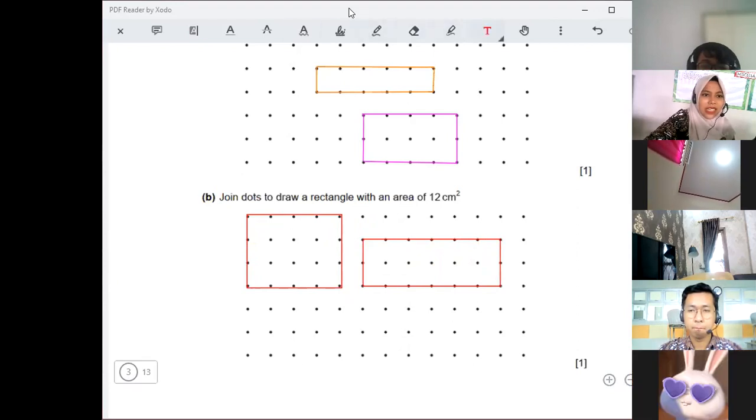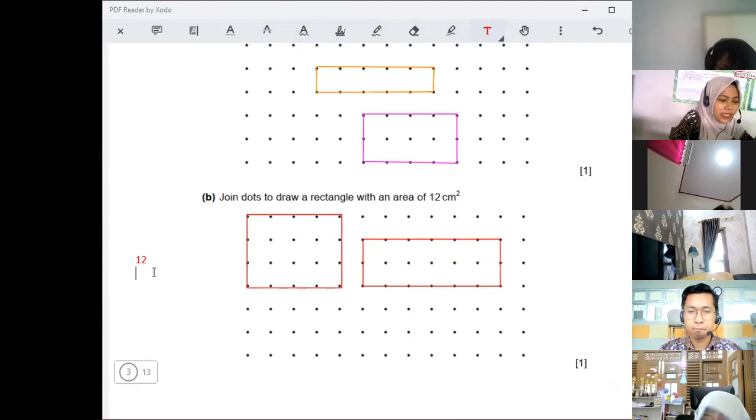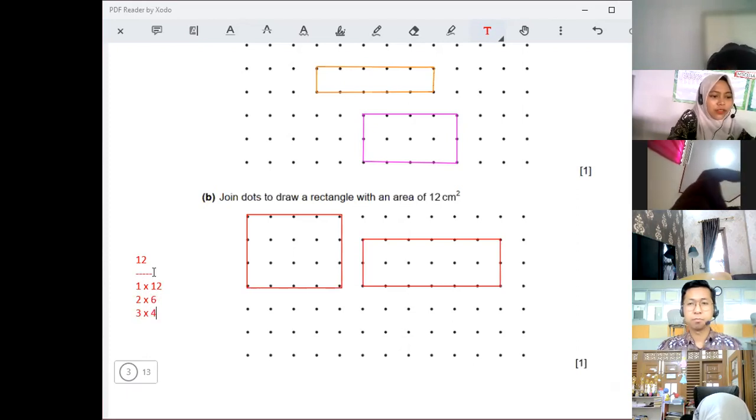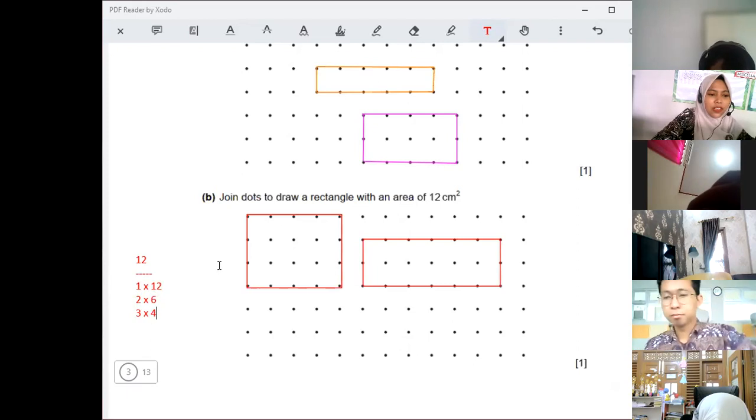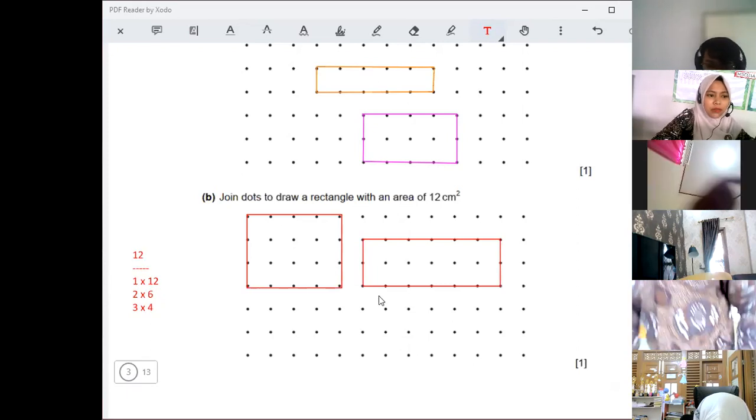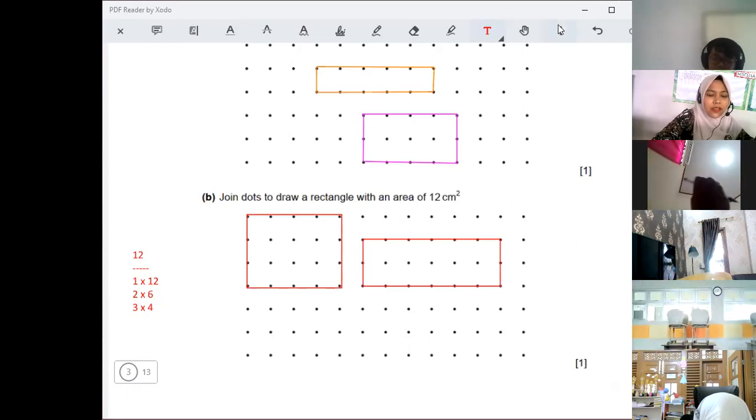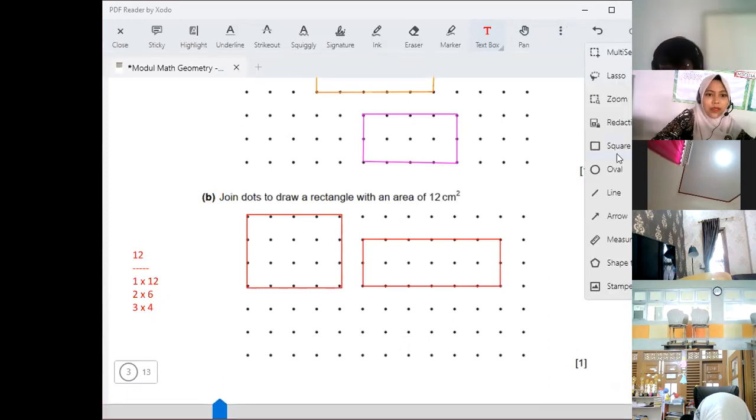Yeah, we can say here that 12 is 1 times 12, and then 2 times 6, and 3 times 4. So we can make this kind of thing, but you just need to draw one. Just choose one from all of these.